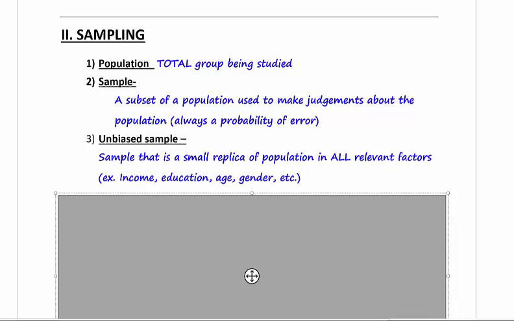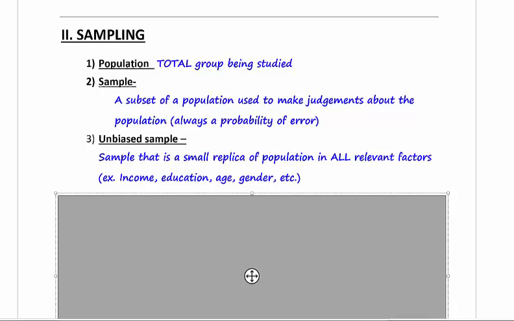Number 3, our goal is always to get what's called an unbiased sample. This is a sample that is a small replica of the population in all relevant factors.